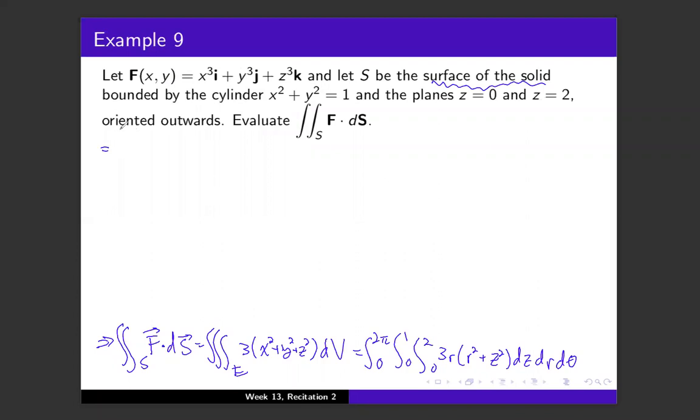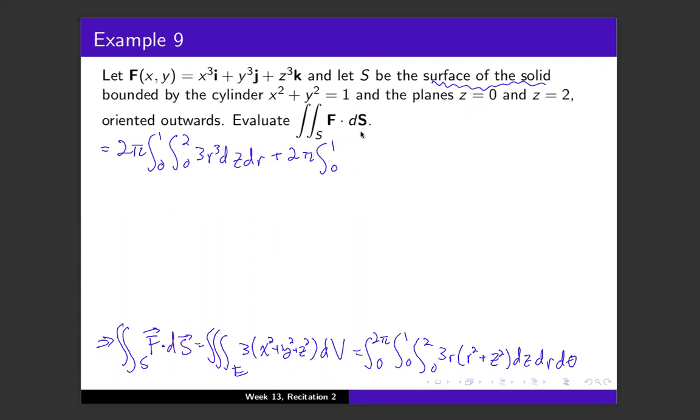Now, there are no theta terms, so you can use our little separation trick to just write out 2 pi times the whole thing to begin with. Integral 0 to 1, integral 0 to 2 of 3r cubed dz dr plus 2 pi integral 0 to 1, integral 0 to 2.